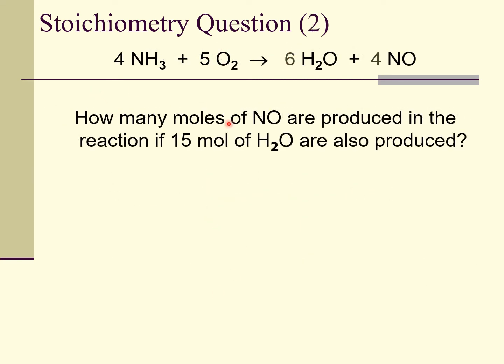Another problem. As in the same reaction, still in the same reaction, but another problem. How many moles of NO or nitric oxide are produced in the reaction if 15 moles of water are also produced? So it's between water and nitric oxide.